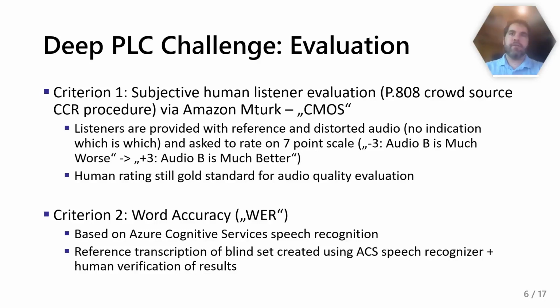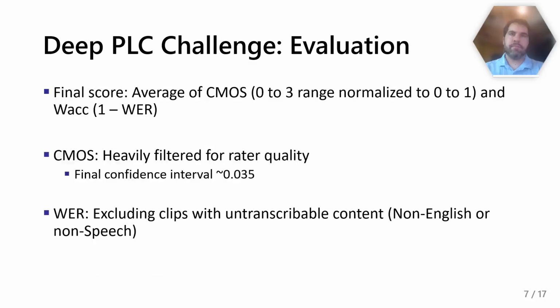We did this because we wanted to make sure that we also catch cases where maybe a word was left out or whatever, that human raters might not actually perceive as an actual issue, but that are obviously, like in real life, if your packet loss concealment causes an entire word to be suppressed or causes a lot of silence to be output, that's an issue. So we also used the word error rate.